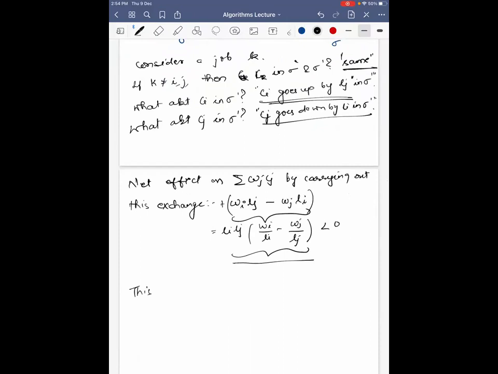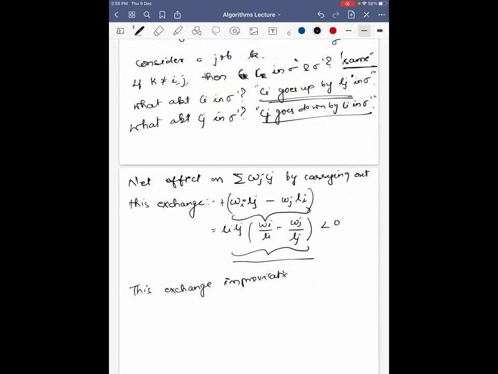So this exchange is an improvement over sigma star, a contradiction.